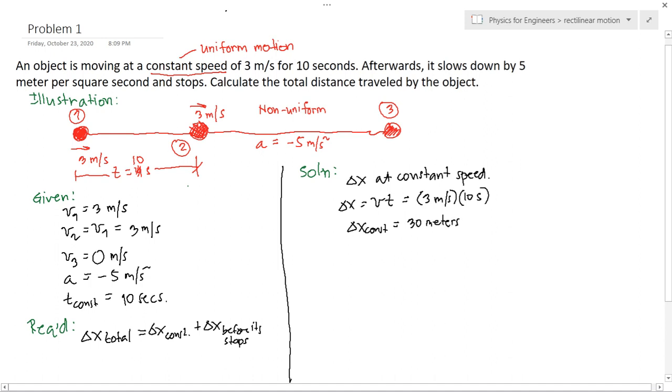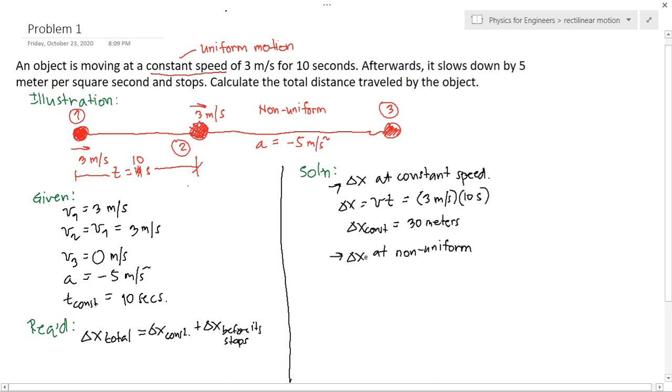How about delta x at non-uniform motion? So meron na siyang acceleration.